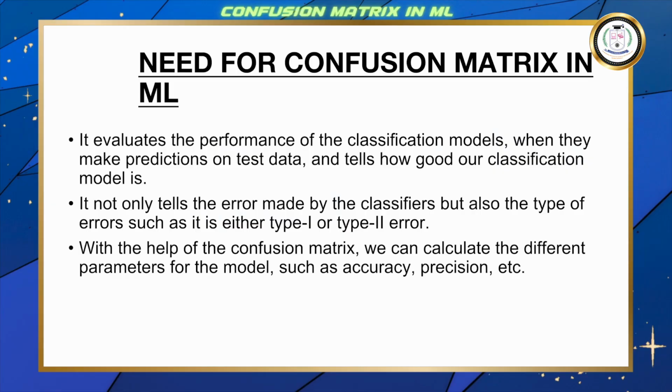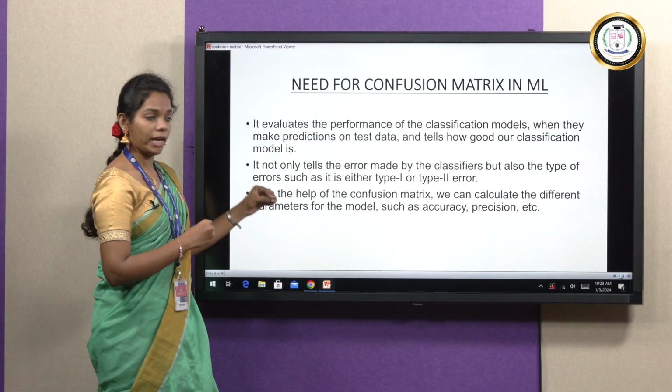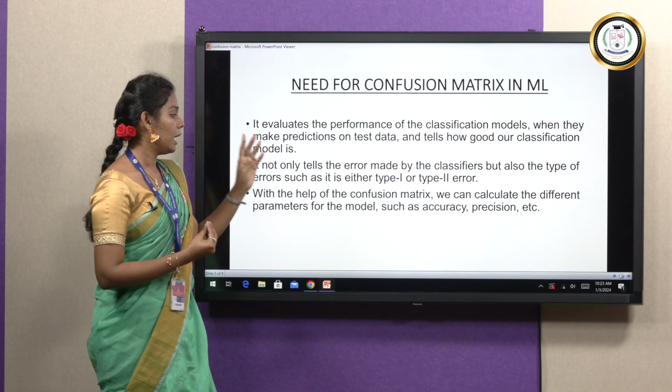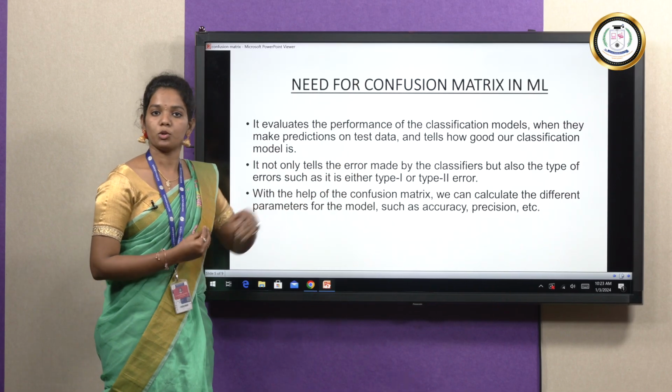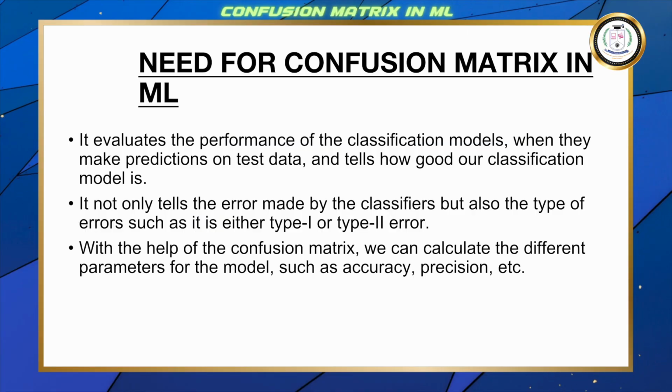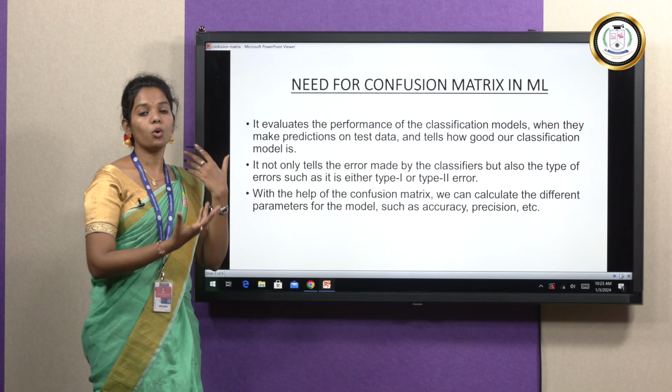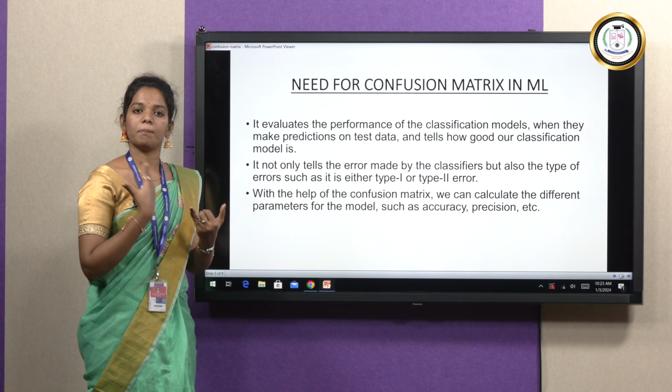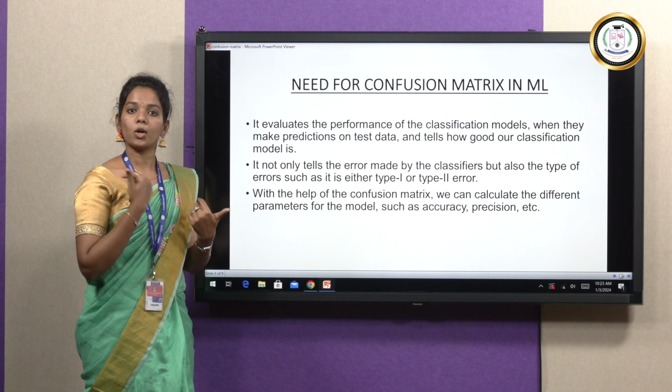The next major impact is that it not only tells whether an error is there or not, but also what type of error, either type 1 error or type 2 error. Last but not the least, with the help of the confusion matrix, we can calculate different parameters for the classifier, like accuracy, precision, prevalence, recall, F1 score, etc.